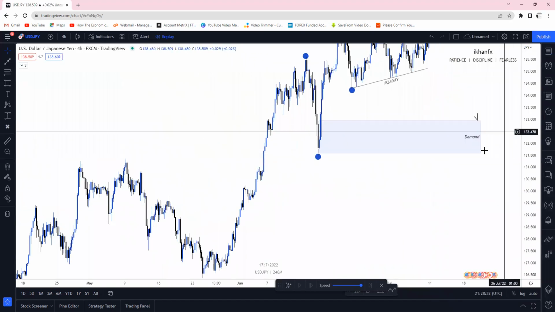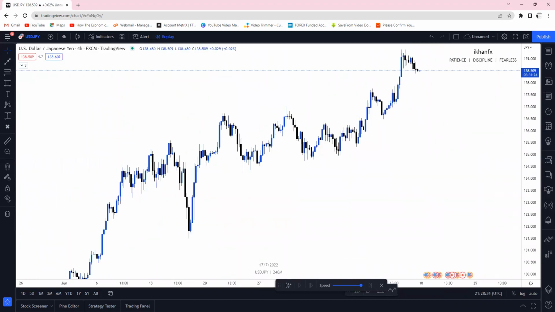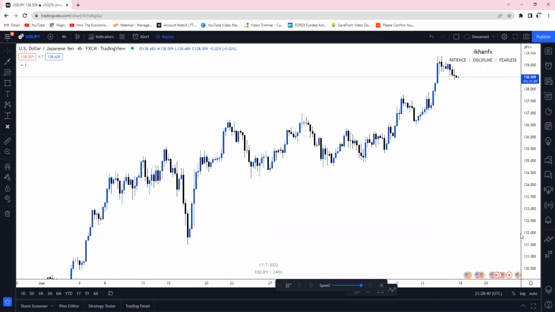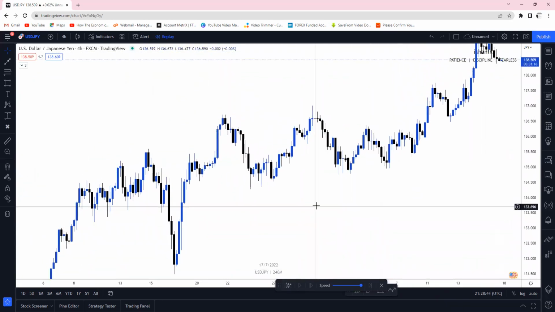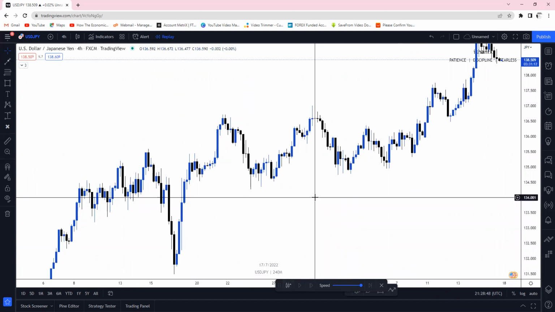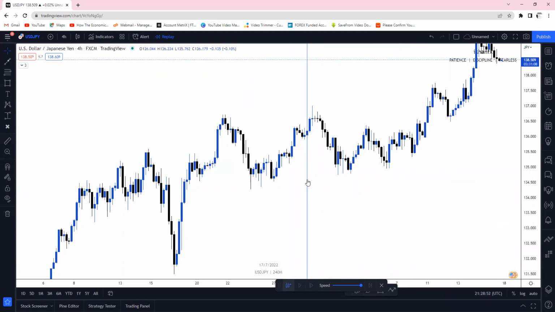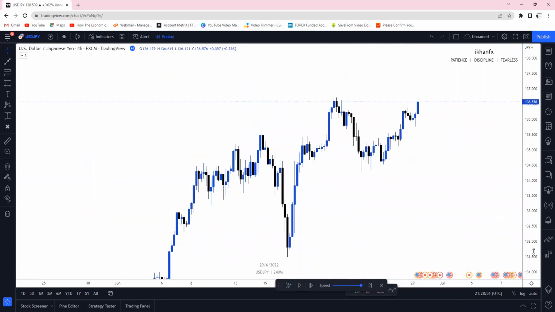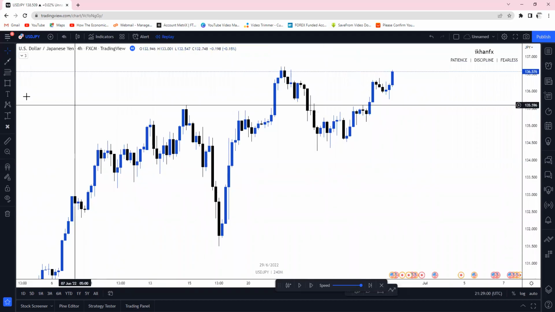Okay, this is USDJPY. Let me delete this chart. Let me go back in time over here. As you see, price is what?